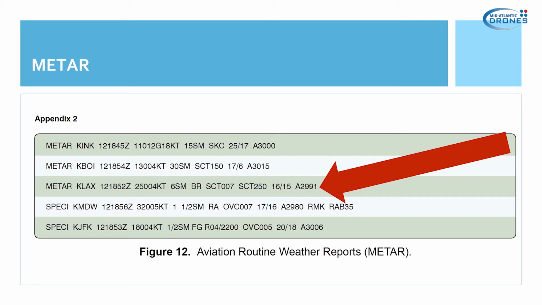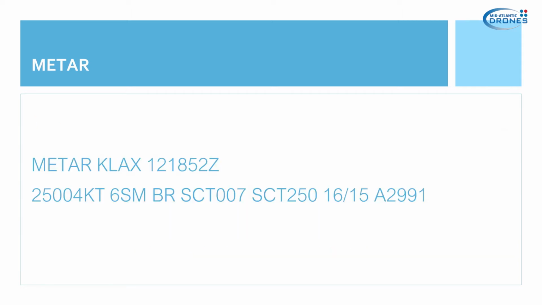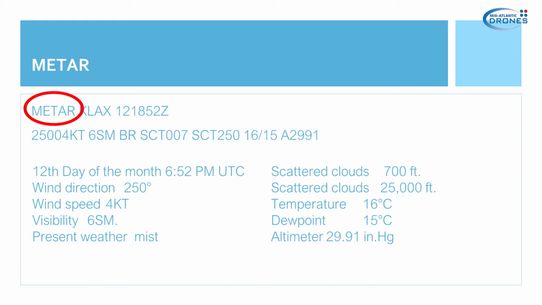So we're looking at the third one. It's the METAR at KLAX. So let's just look at that METAR here. The first word means that this is, well, a METAR. So what a surprise there. The second word, KLAX, is where the METAR originated from.